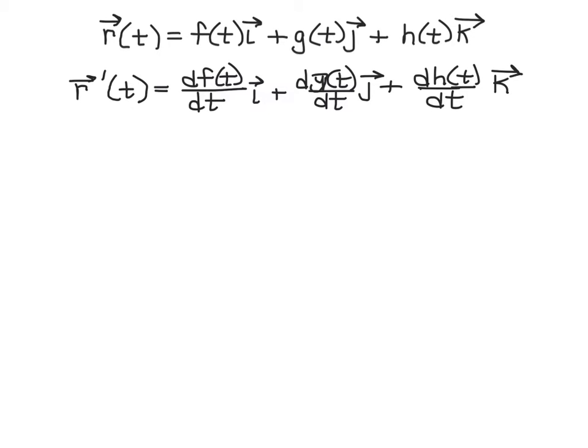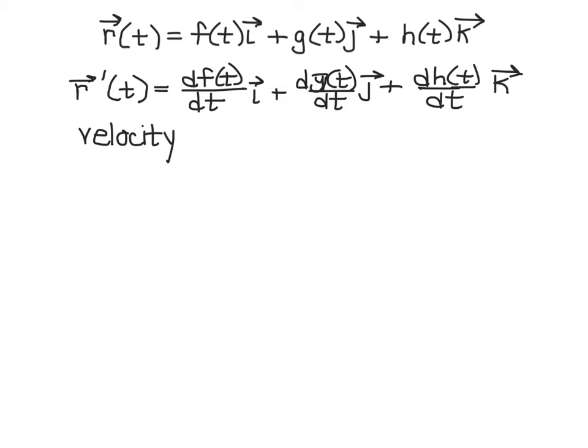Now this gives us the velocity, and we could take the magnitude to get the speed. So this is our velocity vector. If we want the speed, we'll take the magnitude of this.